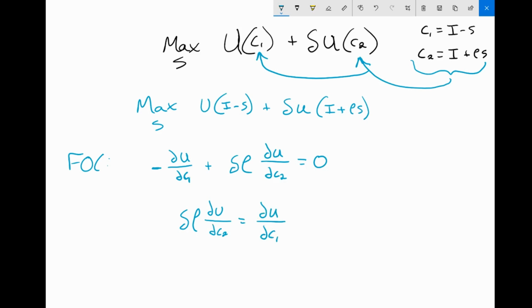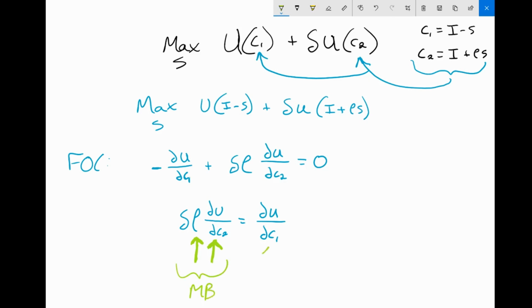For each additional unit of savings, my future consumption goes up by rho. So on the margin, each additional unit of savings will give me rho more income in the future, more consumption, and such an increase in consumption will increase my utility. So there's my marginal benefit.